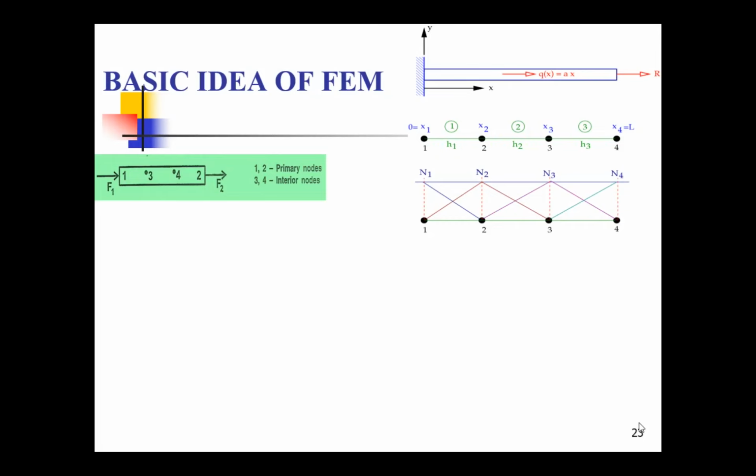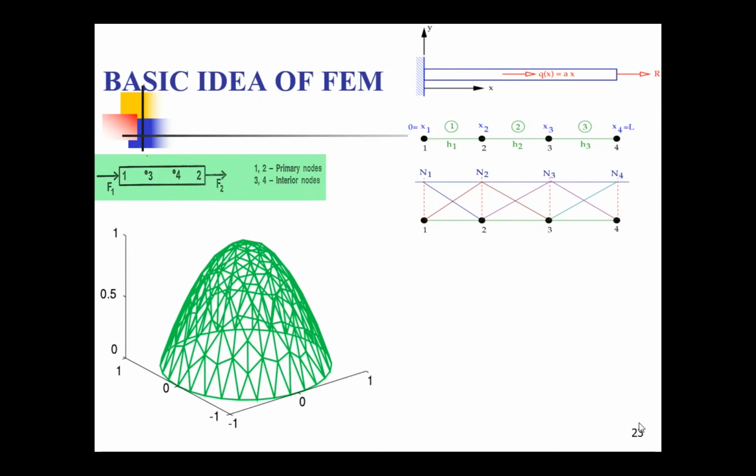Here I have 4 nodes, 1, 2, 3 and 4, with positions x1, x2, x3, x4, which is nothing but the length along the beam. x1 is equal to 0, the starting point, and x4 is equal to L. Those are the primary nodes, and 2 and 3 form the interior nodes. So we can determine the deformation of this cantilever beam.